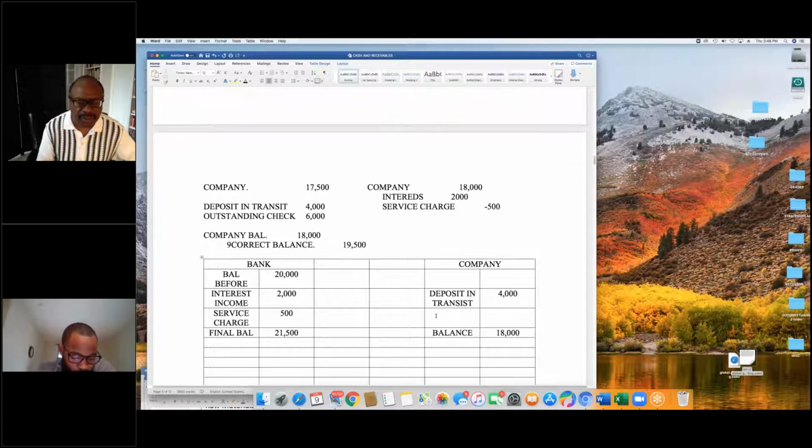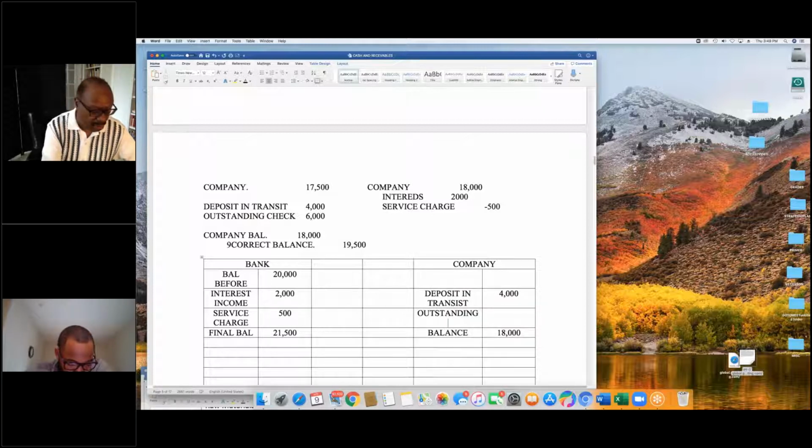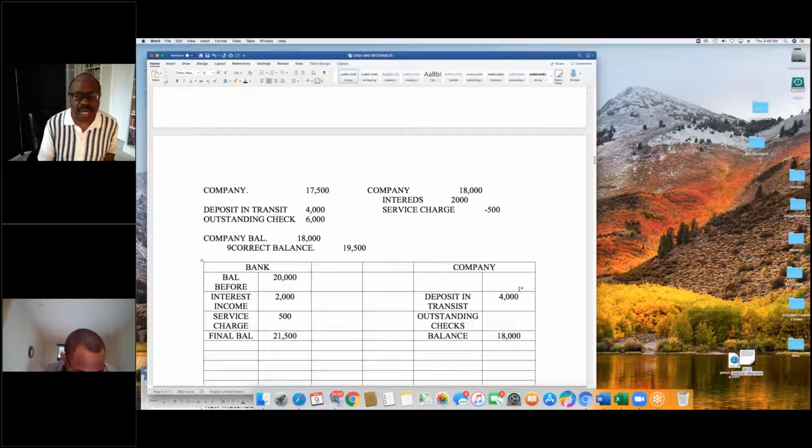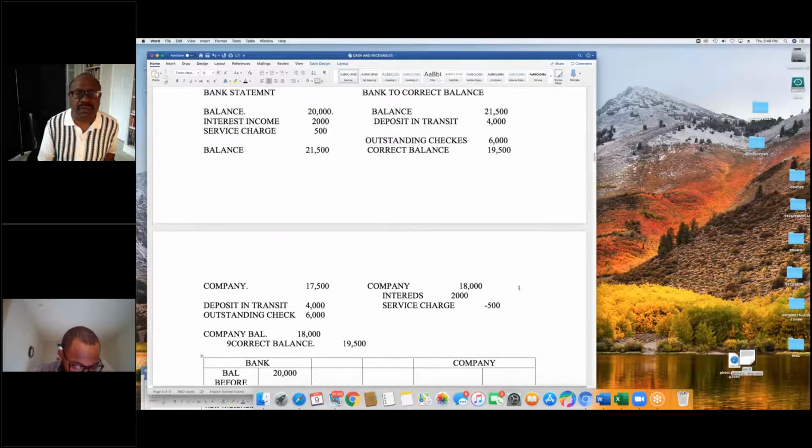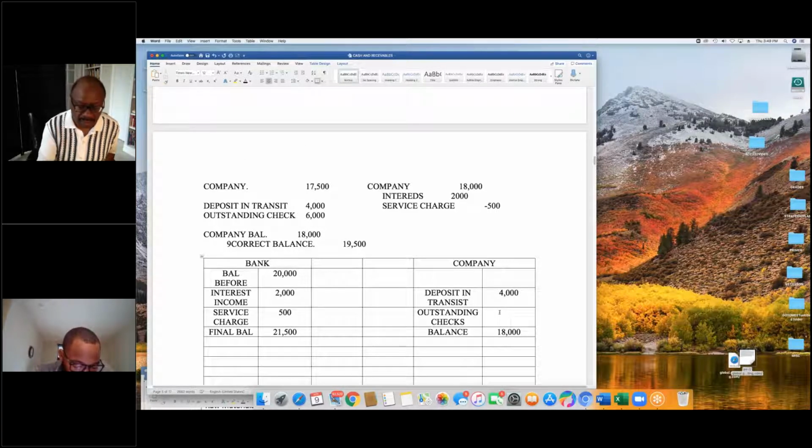Then there are some outstanding checks. And the outstanding checks we said were how much? 6,000. So any question?